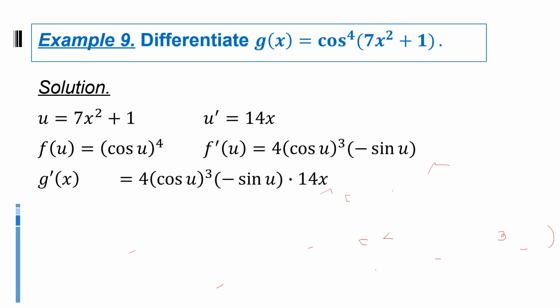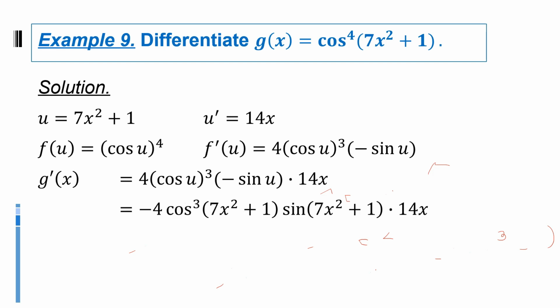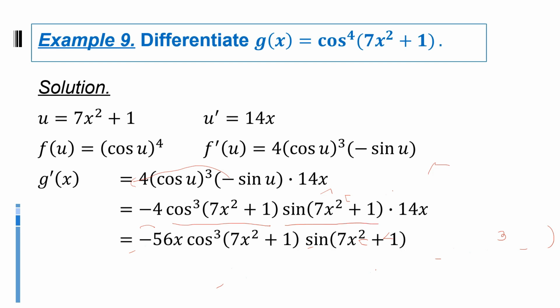So we now have g prime of x is equal to 4 cosine u cubed times negative sine u times 14x. Or that is, yung negative dito sa sine, ilalagay na natin doon sa labas. So we have negative 4, then cosine cube of 7x squared plus 1 times sine of 7x squared plus 1 times 14x. Or that is equal to negative 56x cosine cube of 7x squared plus 1 sine of 7x squared plus 1.